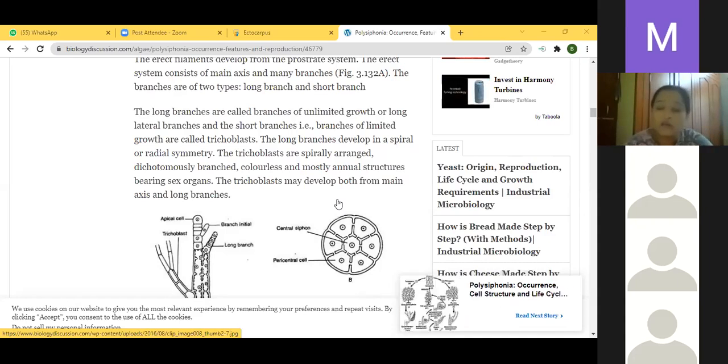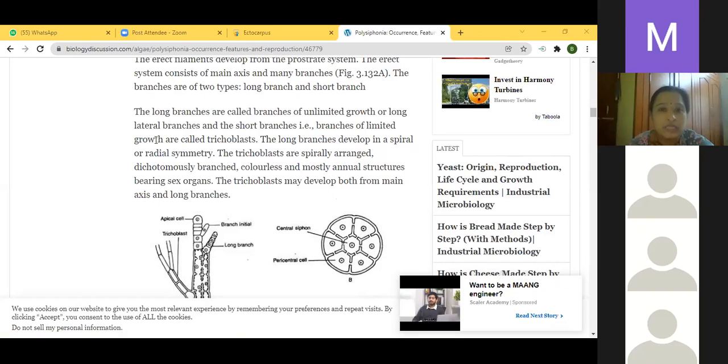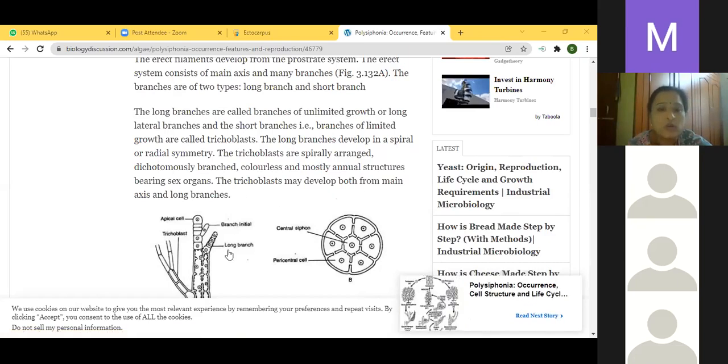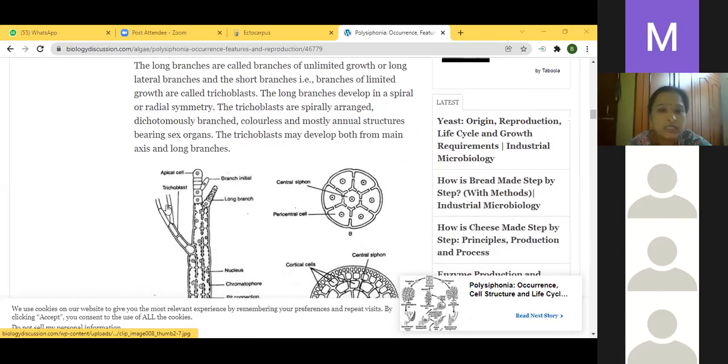Short. The long branch, what is the long branch? The long branch is called unlimited growth. These are unlimited growth long lateral branches, and short branches are the limited growth. Both together are called trichoblast. These are spirally arranged dichotomously branched.